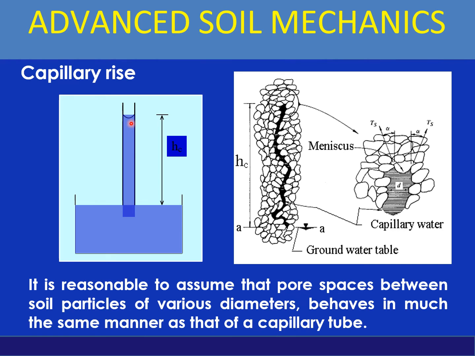Same thing can be considered in the case of soil, because we are having the interconnected voids, and you can see here that the water has risen up to a certain height, and that is the capillary rise. It is reasonable to assume that pore spaces between soil particles of various diameter behave in much the same manner as that of a capillary tube.